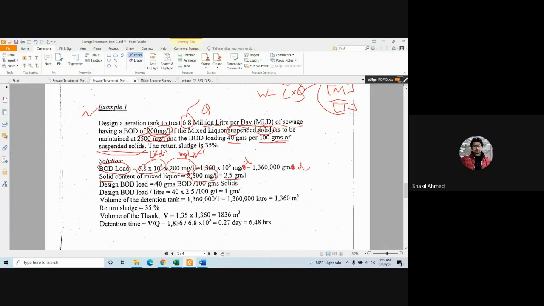So 40 grams of BOD in 100 gram of solid. So design BOD load per liter is actually this multiplied by this. Simple. This is simple, right?